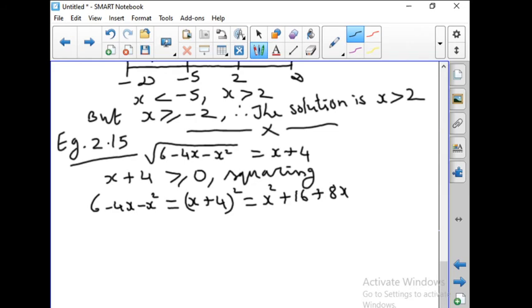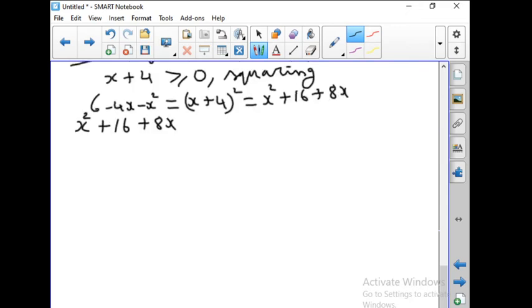So bringing everything to one side, from the left hand side you take all the terms to the right hand side. So we get x square plus 16 plus 8x plus x square, left hand side we are taking to right hand side, plus 4x minus 6 is equal to 0.